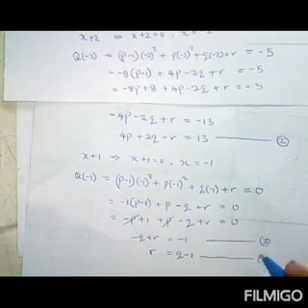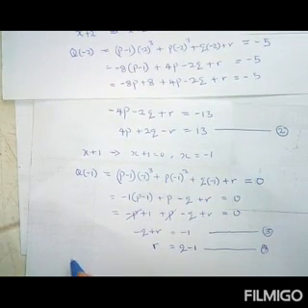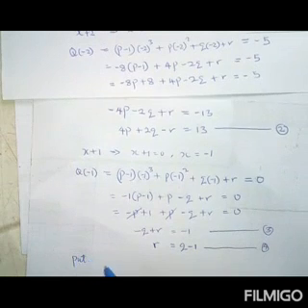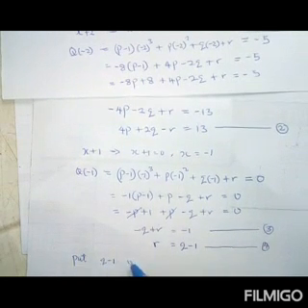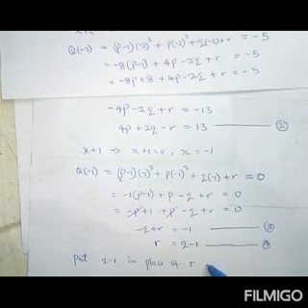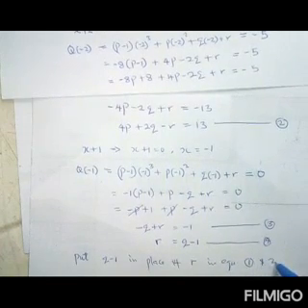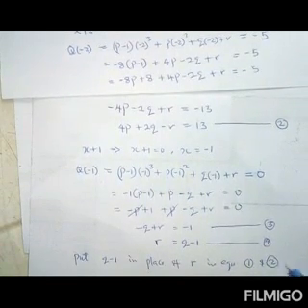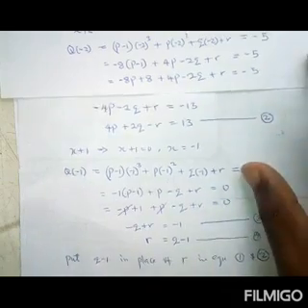What I'm going to do, I will use a layman language here. I want you to put q minus 1 in place of r in equation 1 and 2. What this means is that I'm going to replace r with q minus 1 in equation 1 and 2.